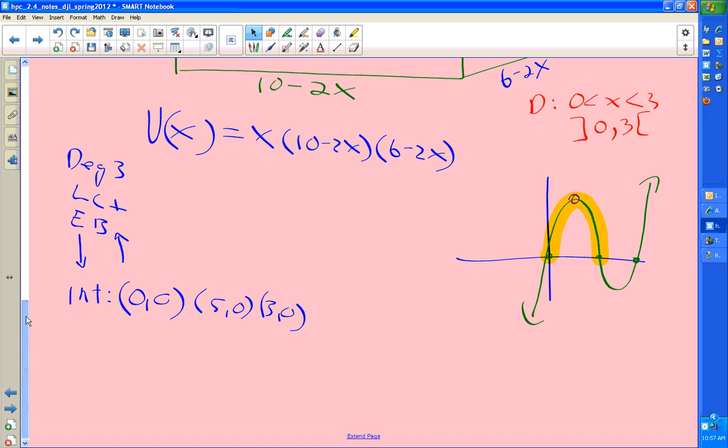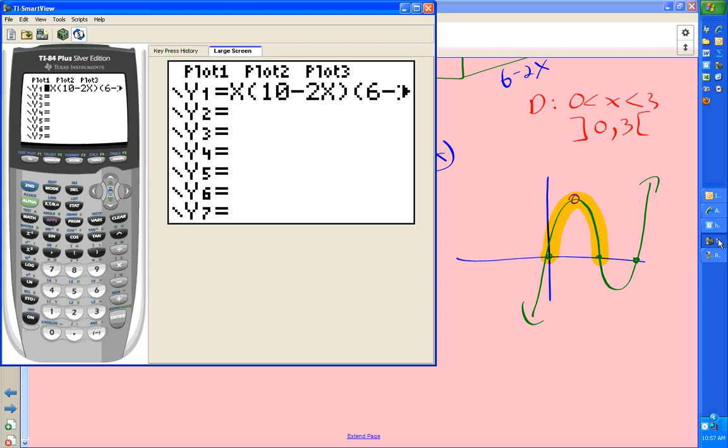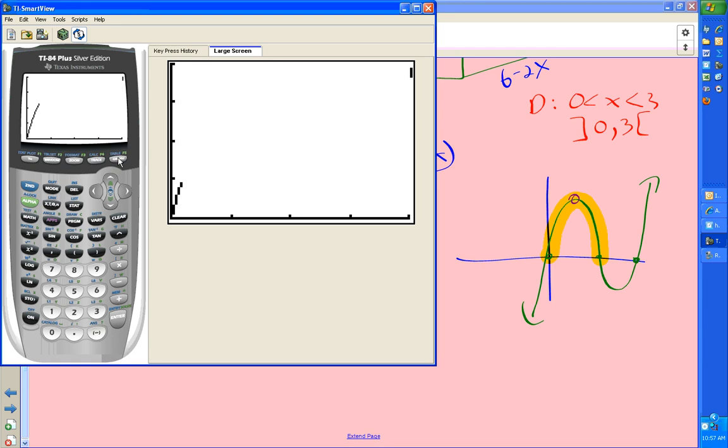On your graphing calculator, all you need to do is enter this function, x times (10 minus 2x) times (6 minus 2x). Okay? And when we hit enter, we're going to go ahead and hit graph now, and you can see that it's going to graph.